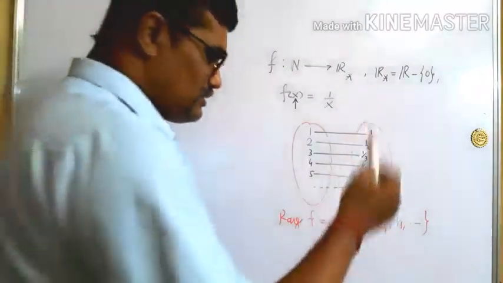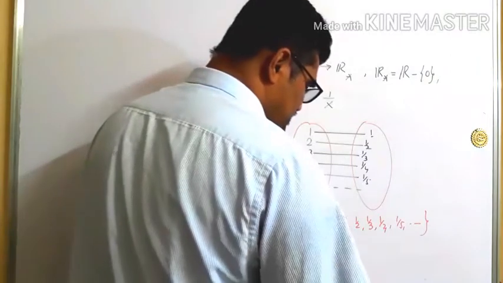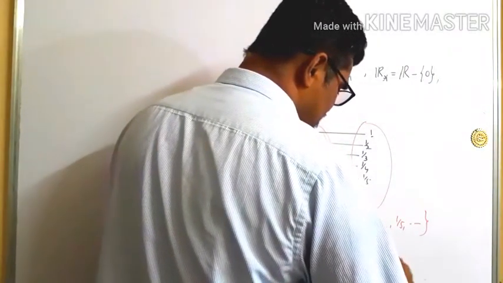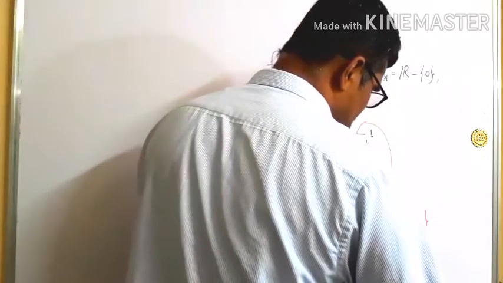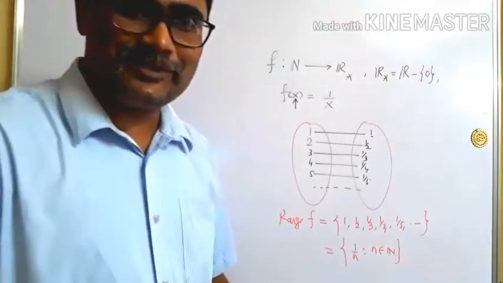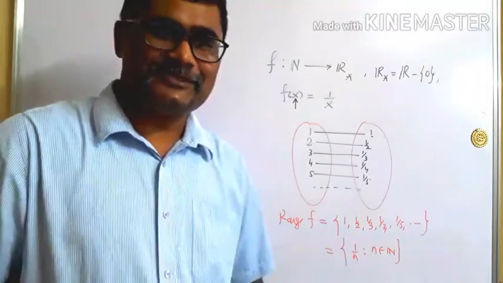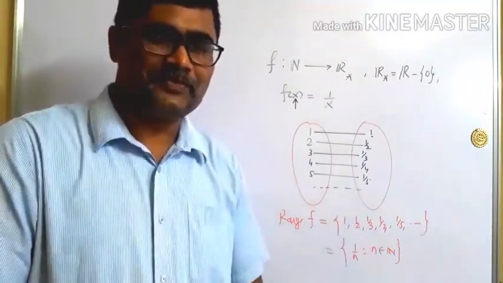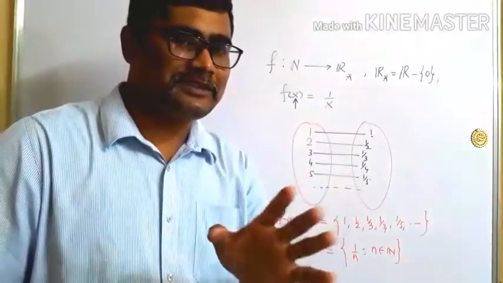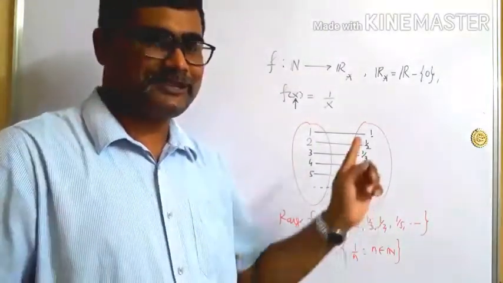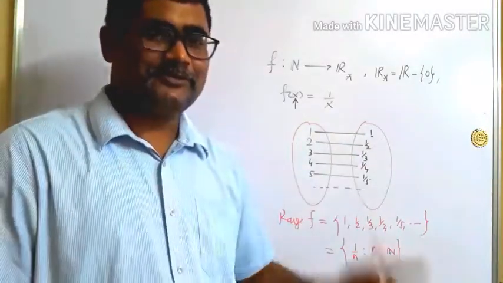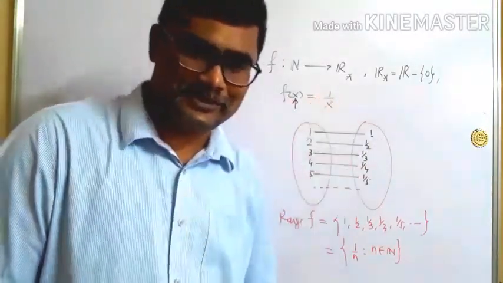Okay, we'll write it as 1 by n such that n belongs to natural numbers. This is much better to explain, right? So whatever natural number you take, it is 1 by n. This is the range. Anyway, as I told you, I have taken a very simple question so that you understand the concept, right? Now go back to the original question I started with.